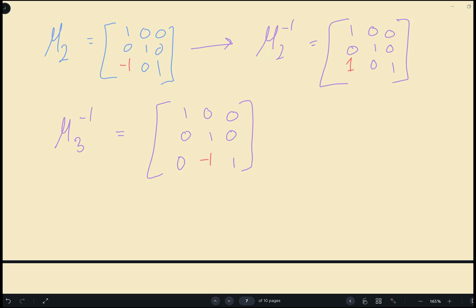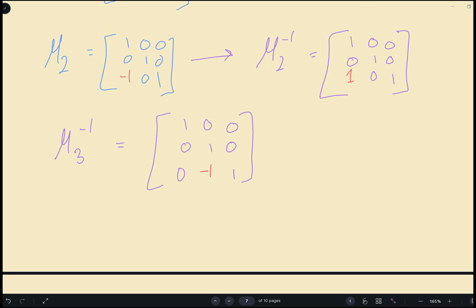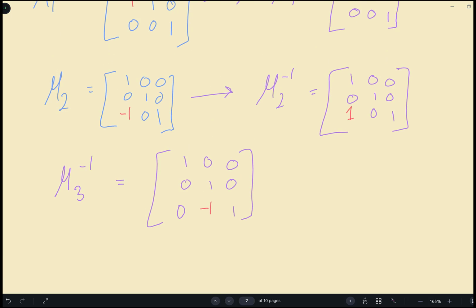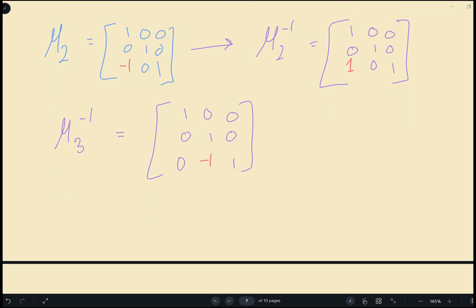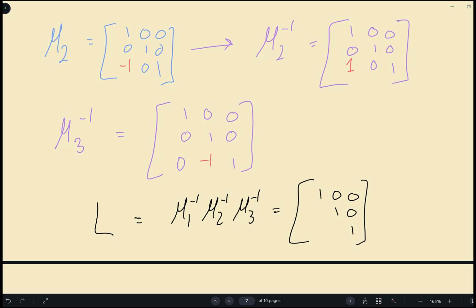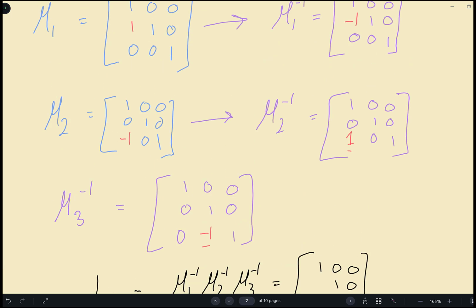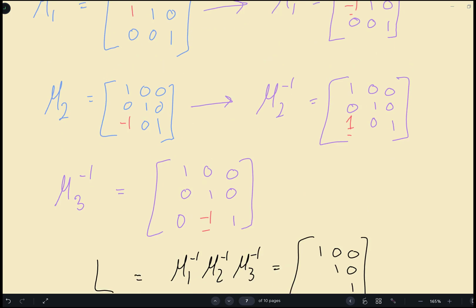So now L is going to be multiplying all of these together. L is equal to M1 inverse times M2 inverse times M3 inverse, which is essentially the identity matrix, 1, 1, 1, 0, 0, 0, with whatever values we have in these inverses plugged in directly.